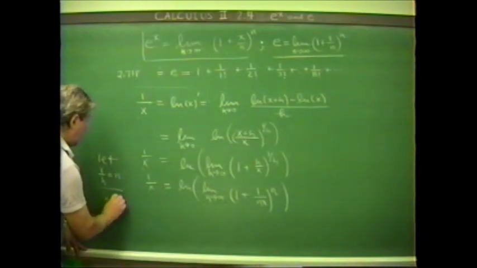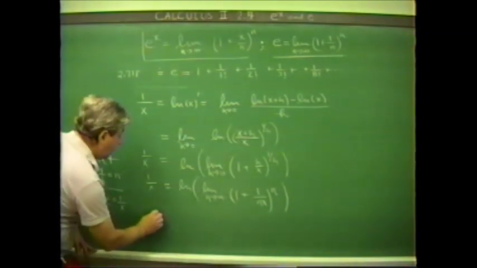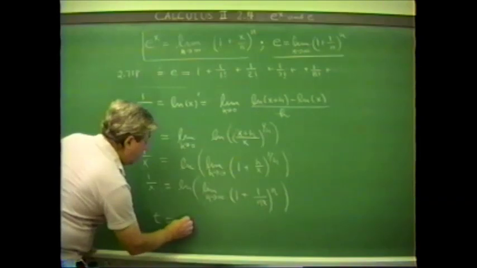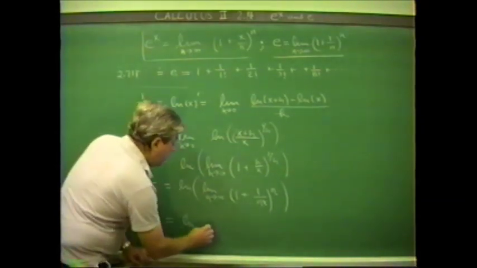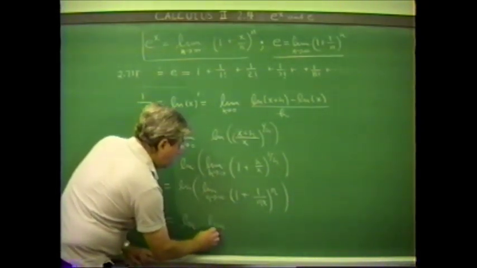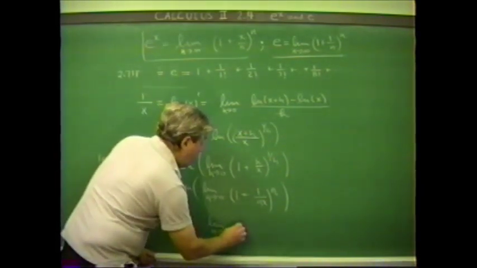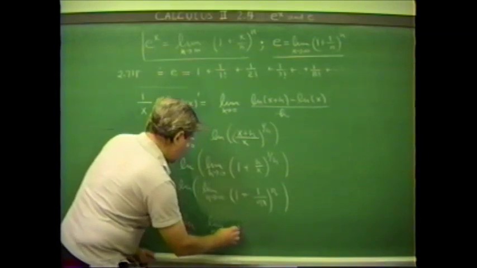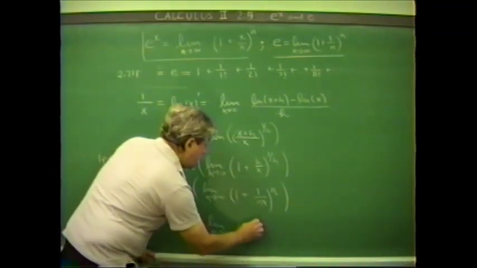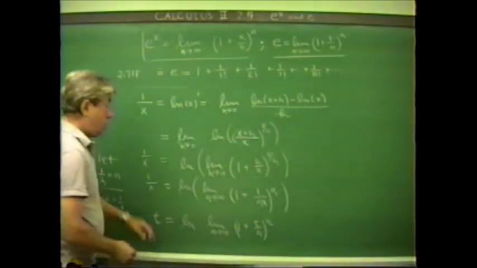Let's let t be equal to 1 over x. In which case we get t is equal to the logarithm of the limit as n approaches infinity of (1 plus t over n) to the nth power.